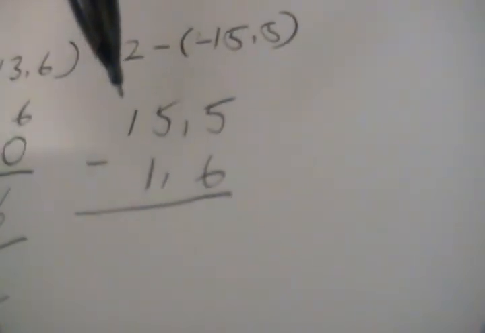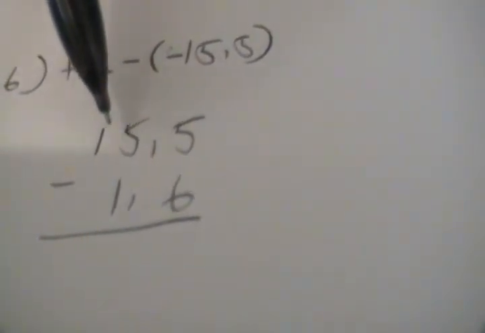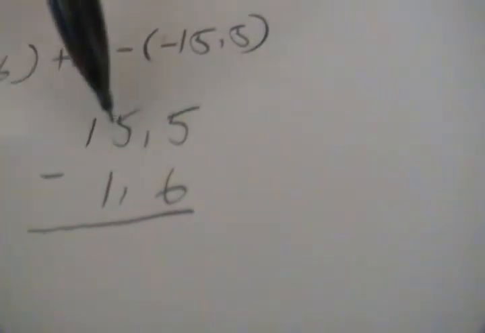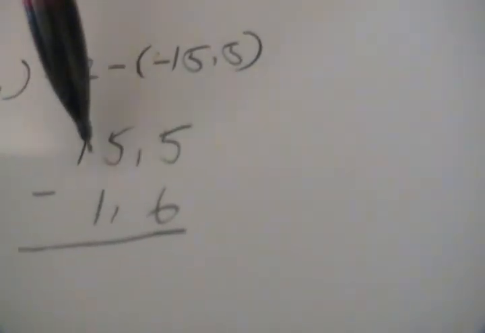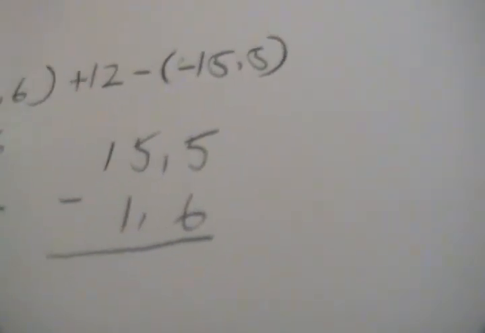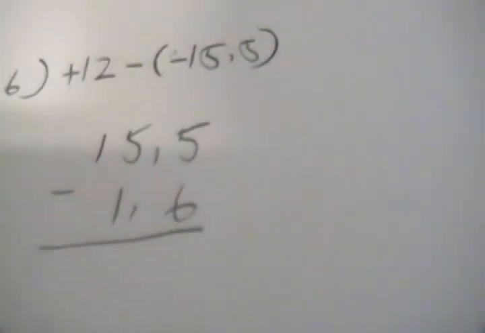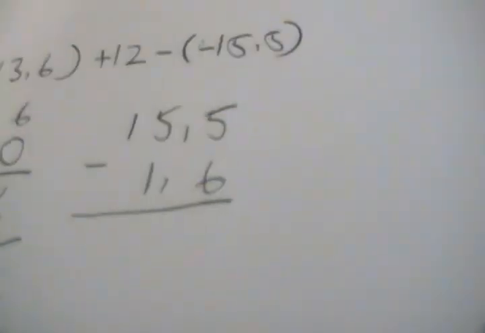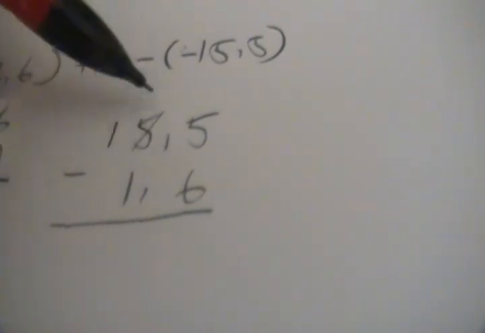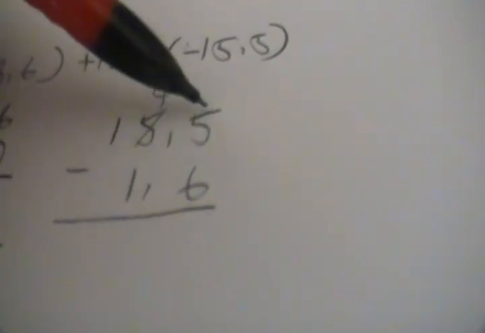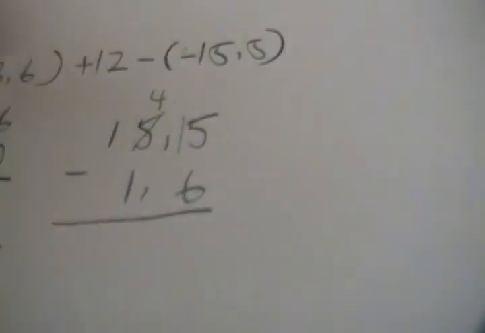So my suggestion is, if you have a decimal number with more whole digits, for example 15 is bigger than 1, I would put that on top because it makes it easier to subtract. Okay, so now let's subtract. So 5 minus 6, well, we can't subtract that, so we have to borrow from the next digit. So 5 becomes 4, and this becomes 15, right?